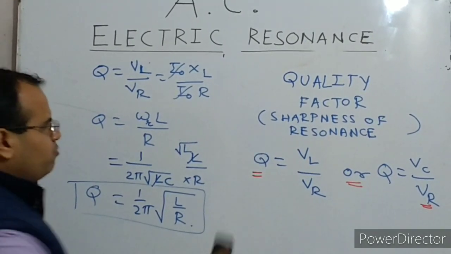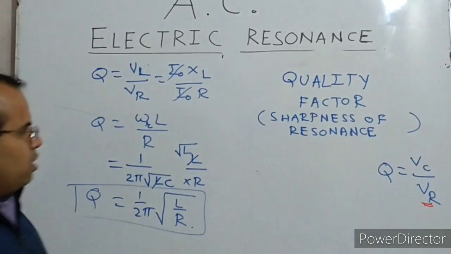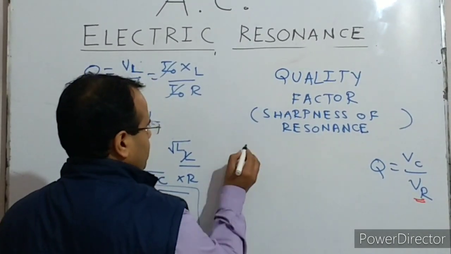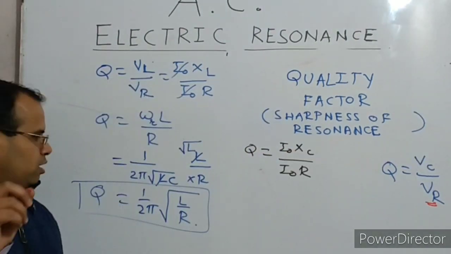Let us try to do that. Q equals VC upon VR, so VC will give you I naught XC.